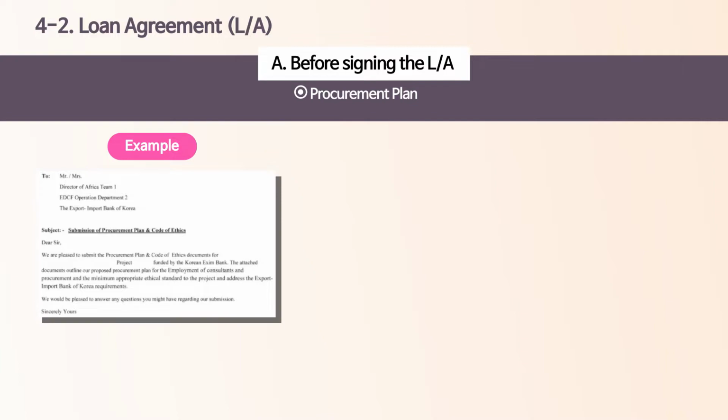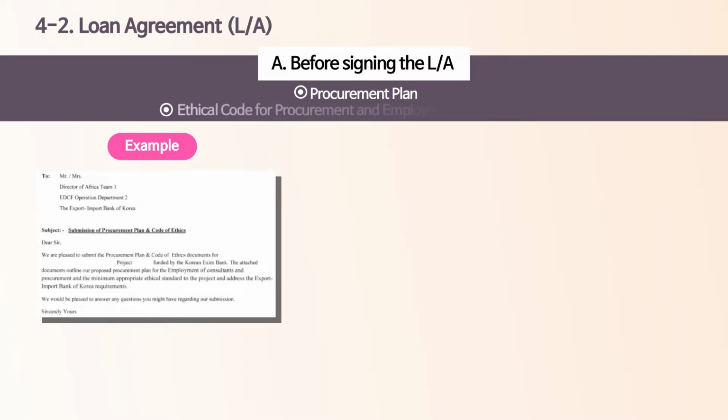As the procurement for the EDCF loan should be in accordance with the guidelines for procurement under the EDCF loan, please make sure that the procurement plan follows the guidelines. In case you are not familiar with the guidelines regarding the EDCF loan, you can find them on the EDCF official website, or you can always request a copy from the EDCF loan officer.